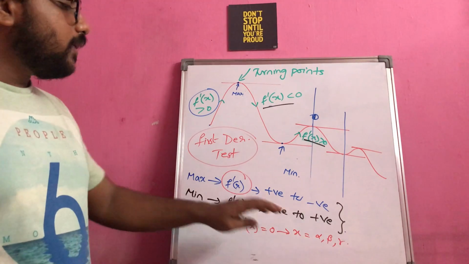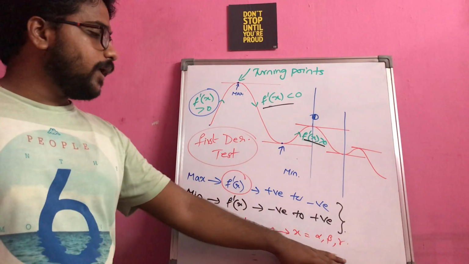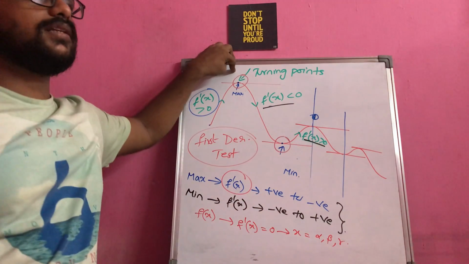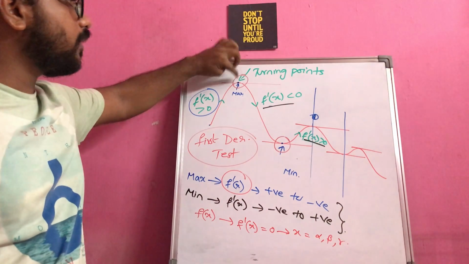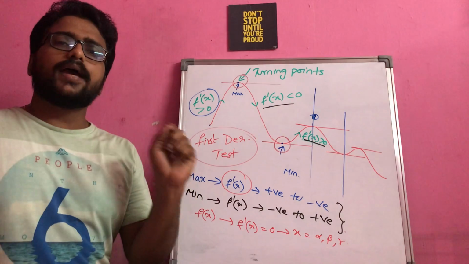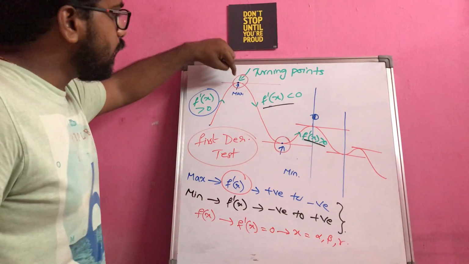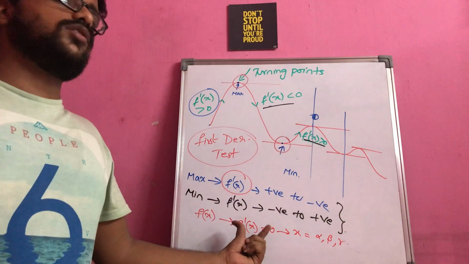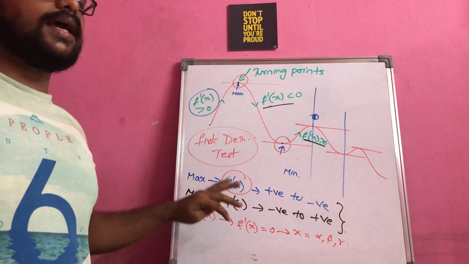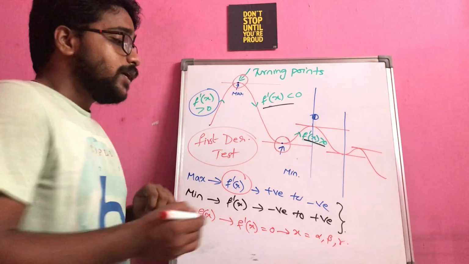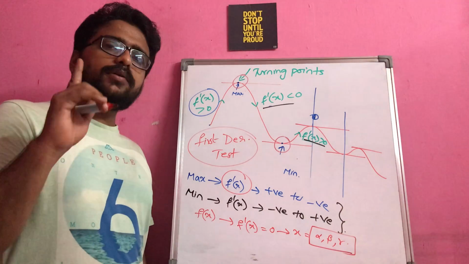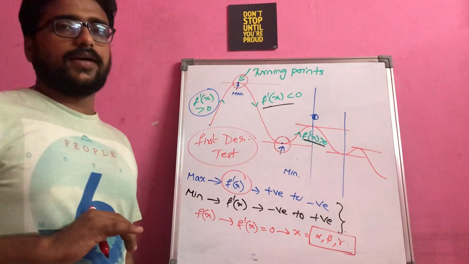Now at these points, you are drawing the tangent, and only at these particular points you are able to get the maximum or minimum. At this particular point, if I draw a tangent, I am getting f dash of x equal to 0, because the line is parallel to the x-axis, so the slope will be equal to 0. So out of these 3, there should be one minimum and one maximum value, right?